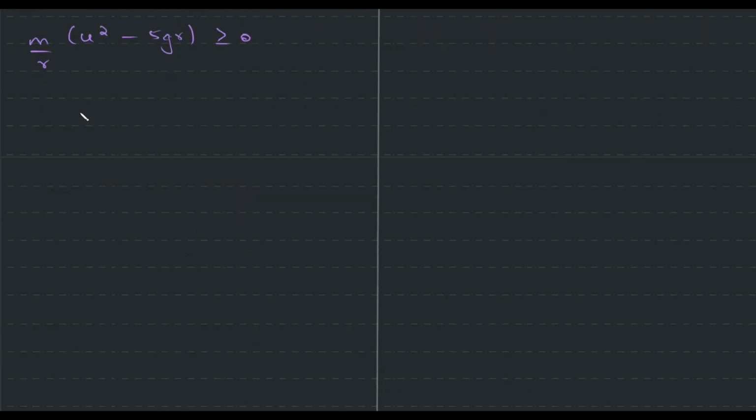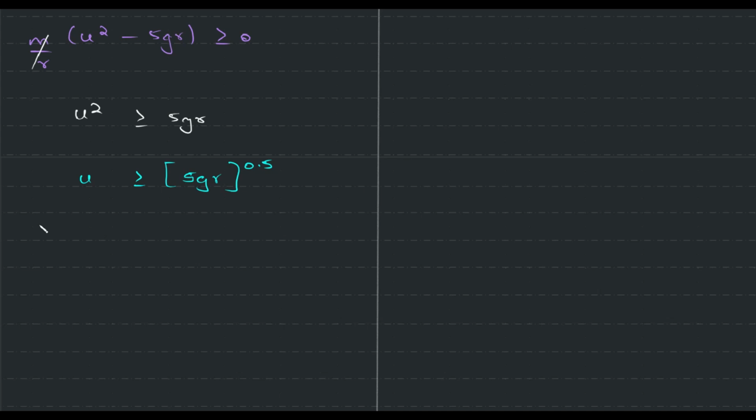So if I transpose u, all this you guys can understand. U square should be greater than or equal to 5gr, or you can tell u is greater than or equal to root of 5gr. That's it. So that should be the velocity which makes the object go loopy loop.